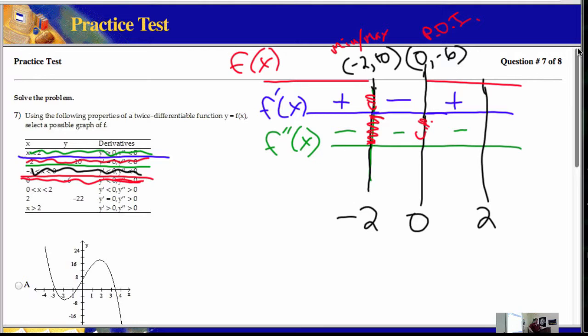Good. Okay. So now 0 to 2, y prime is less than 0. So from here to here, y prime is less than 0. From 0 to 2, the third plus mark is negative. So this needs to be marked as negative.